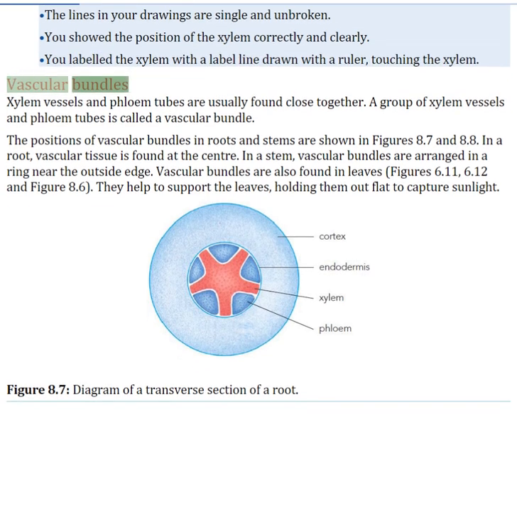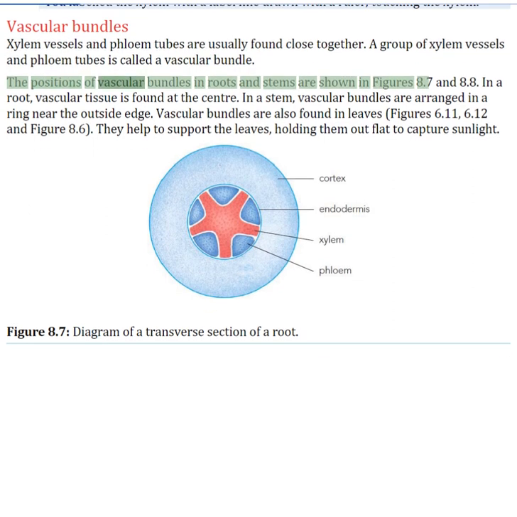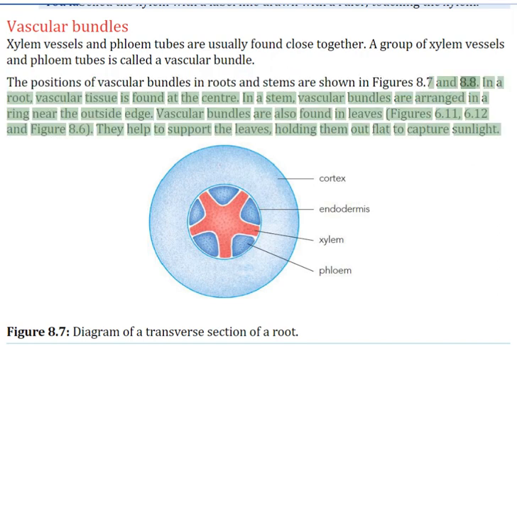Vascular bundles. Xylem vessels and phloem tubes are usually found close together. A group of xylem vessels and phloem tubes is called a vascular bundle. The positions of vascular bundles in roots and stems are shown in Figures 8.7 and 8.8. In a root, vascular tissue is found at the center.